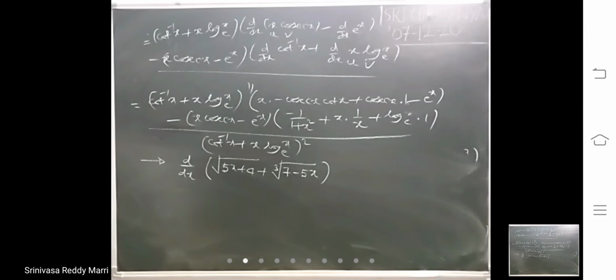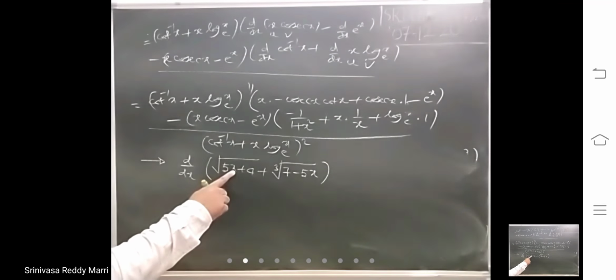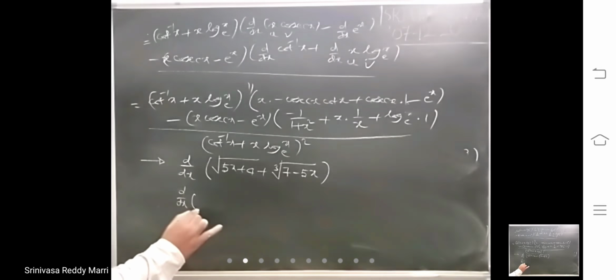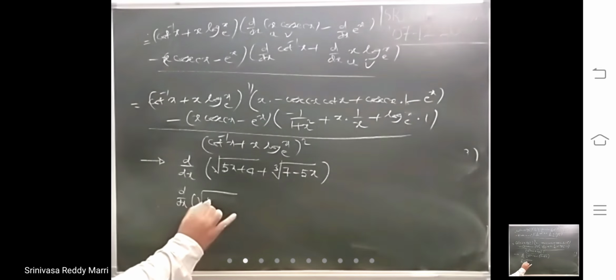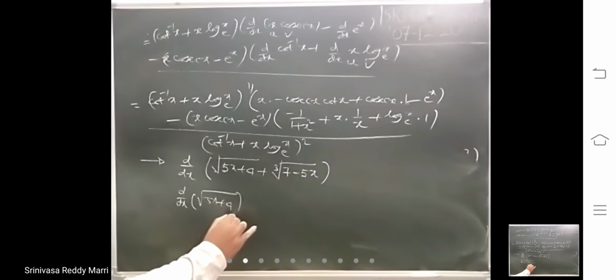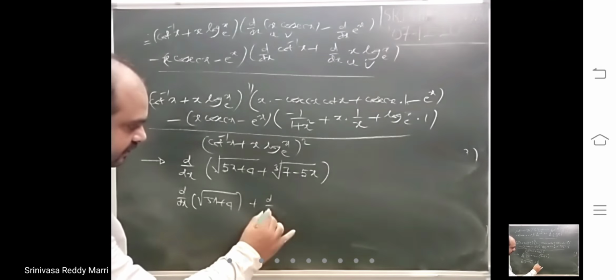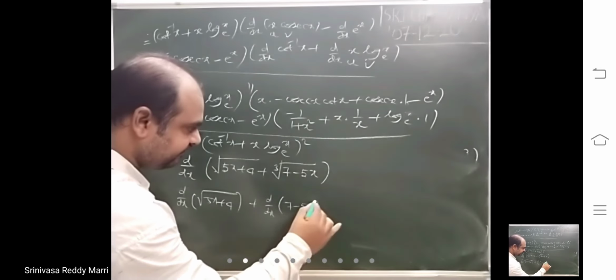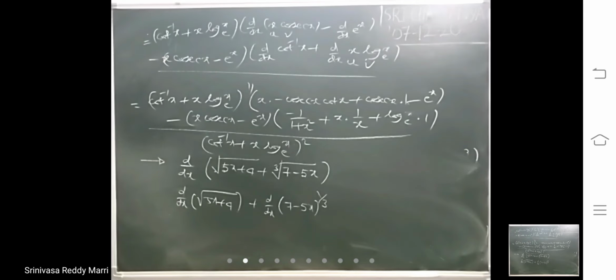Let us say you have to calculate this one. First, this is u plus v. So d by dx of, first step is root of 5x plus 4, plus d by dx of 7 minus 5x whole power 1 by 3.